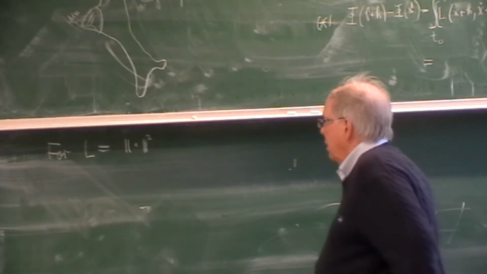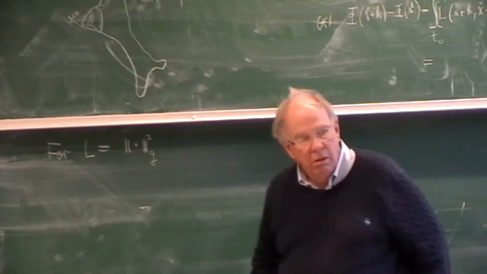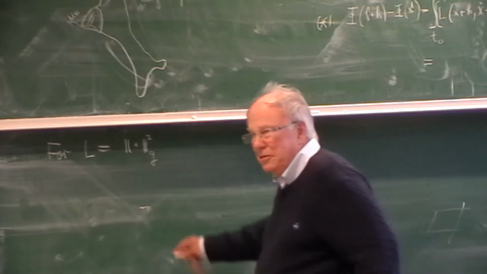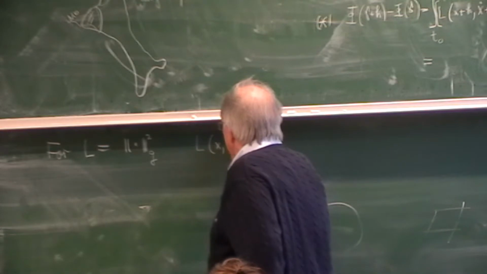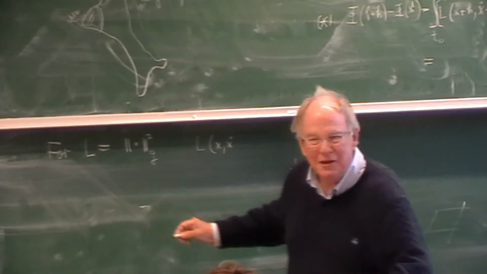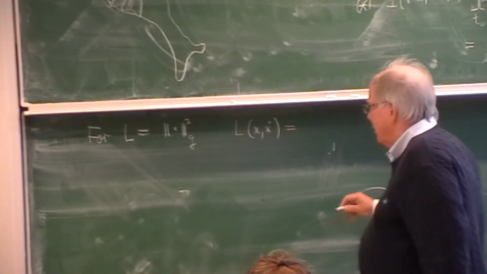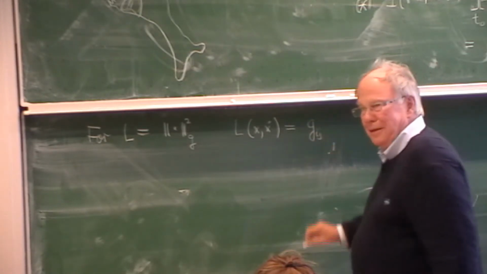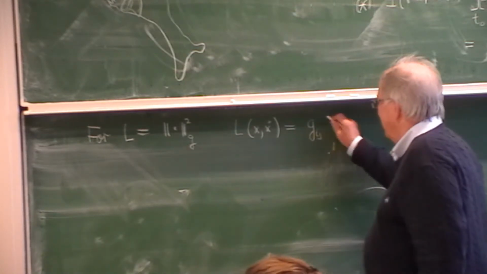And in our case, L is the metric norm squared. Let me write it down. Well, it's the quadratic form, G_ij. Am I allowed to write it downstairs? I think I'm allowed to write it downstairs.